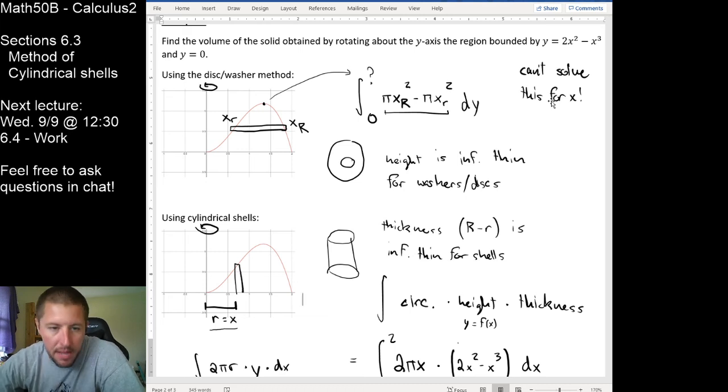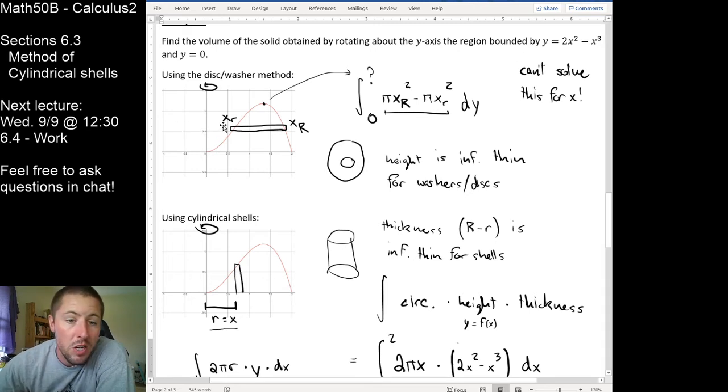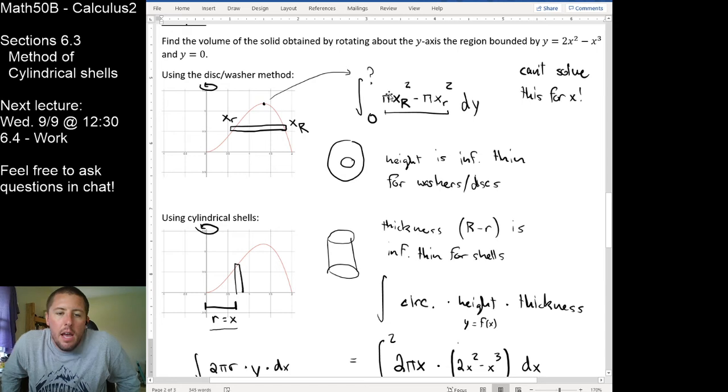I'm just going to say, find this volume. So on the one hand, you might be like, discs and washers are easier for me than cylindrical shells. I'm going to set it up. You get to this point and you're like, crap, I literally don't think I can actually finish this from right here. That's your good indicator to go and attempt a second technique.